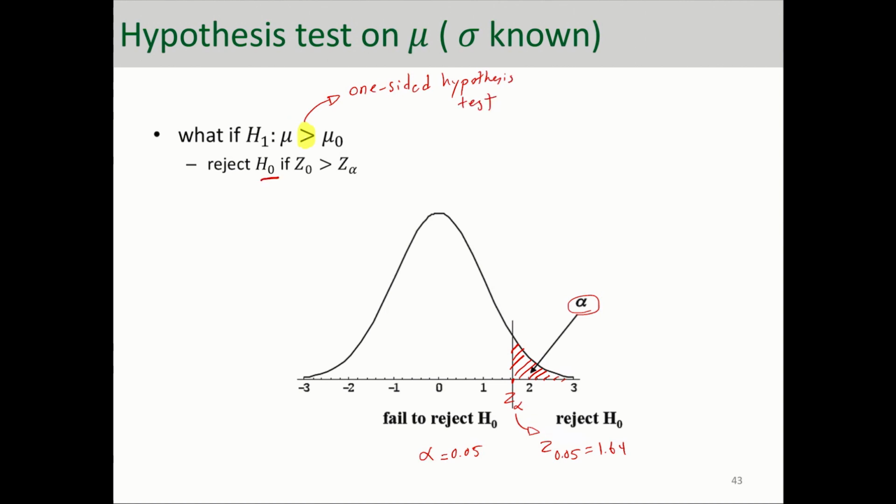And we reject the null hypothesis if our test statistic, which is the same test statistic that we had before, just to remind you, is x bar, your sample average, minus mu naught, this number here, over sigma over square root of n, where n is your sample size, ends up being greater than z of alpha. Then you end up in this region, which is the critical region, and you would reject the null hypothesis.